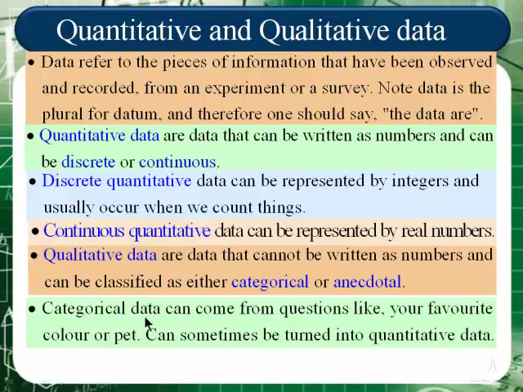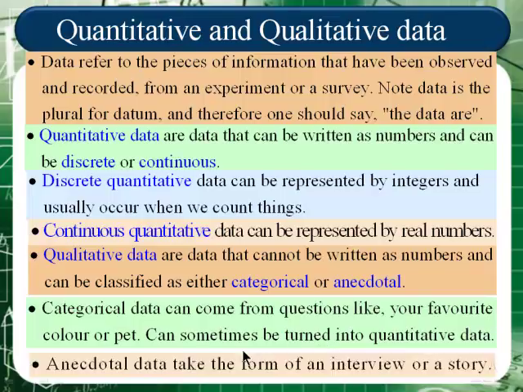Now, categorical data can come from questions like your favorite color or pet, and it can sometimes be turned into quantitative data. Anecdotal data take the form of an interview or a story.